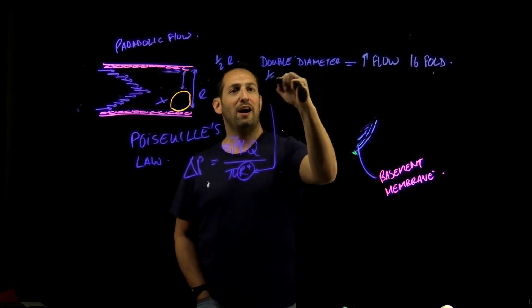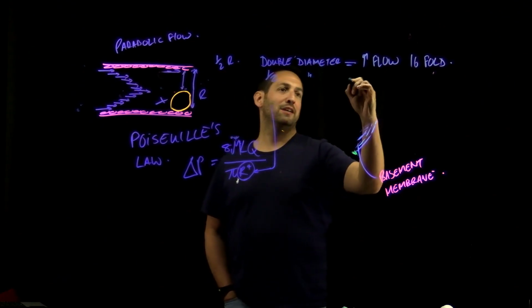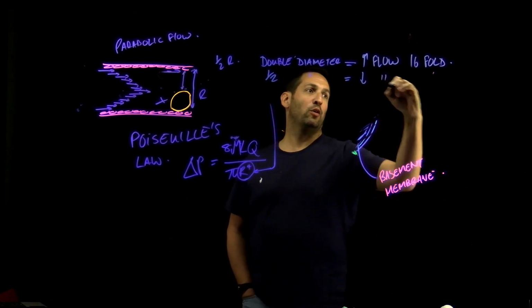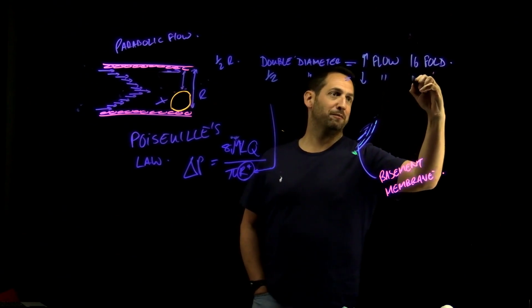Conversely, if we halve the diameter, then we decrease flow by 16-fold.